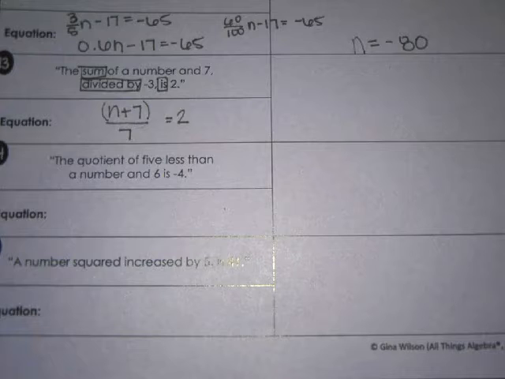So you are taking the entire addition problem, adding it together, dividing by 7, it equals 2. You could have also written just n plus 7 inside parentheses, then the divided side, and a 2 after it. Does that make sense? Questions on how we wrote that one?